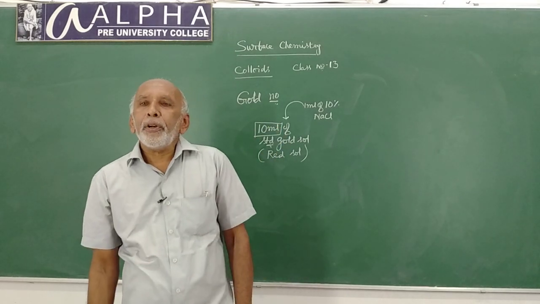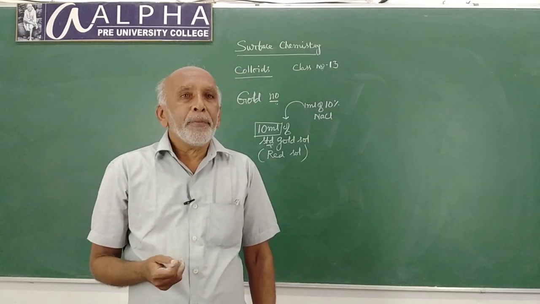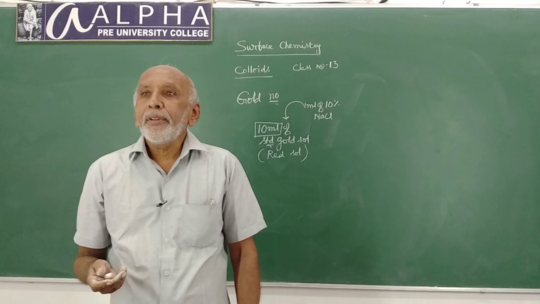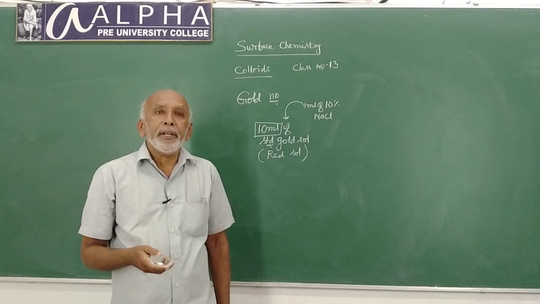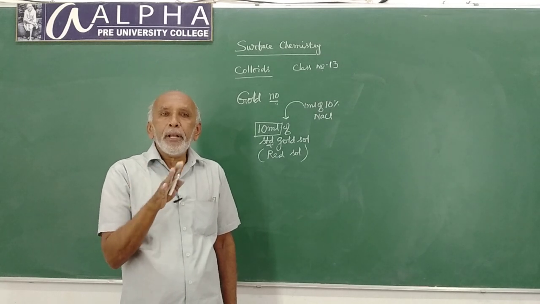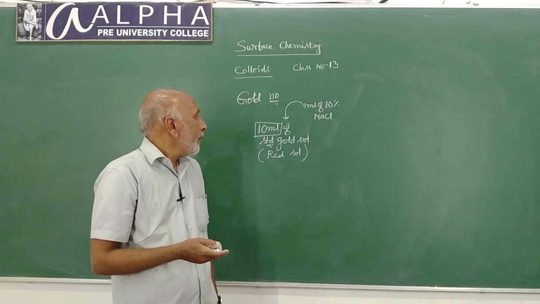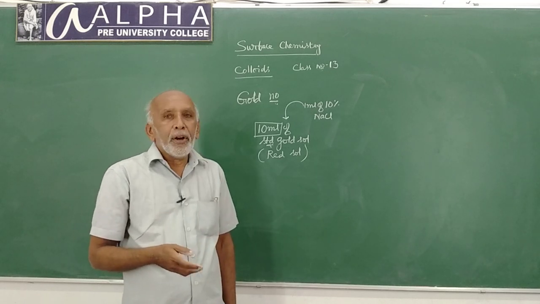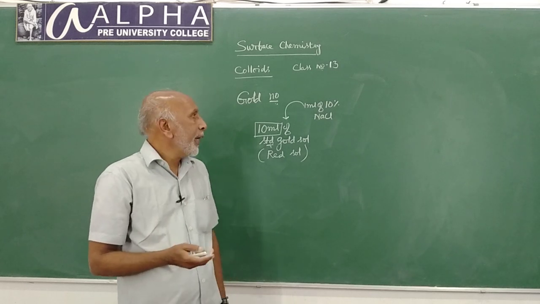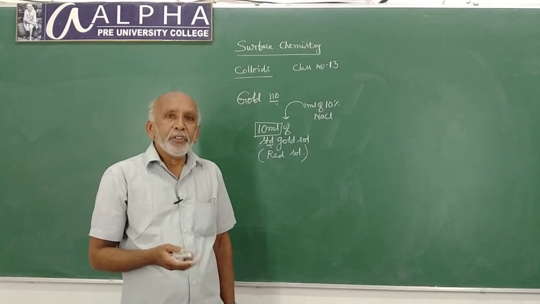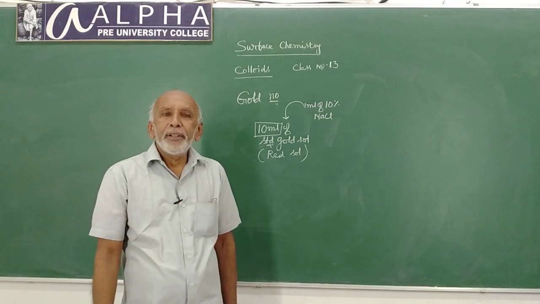That amount of protective colloid required is known as gold number. Gold number means the number of milligrams of protective colloid required to prevent the coagulation of 10 ml of standard gold salt by the addition of 1 ml of 10% sodium chloride solution, or 10 ml of 1% sodium chloride solution.